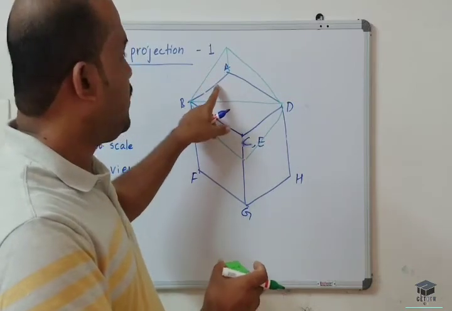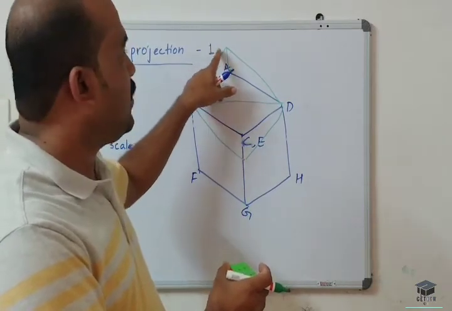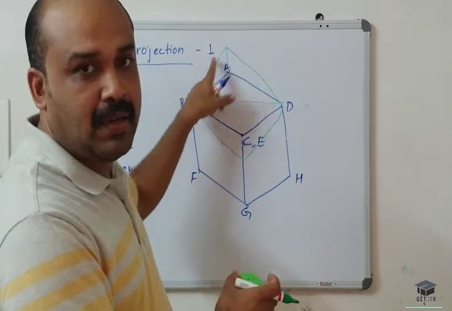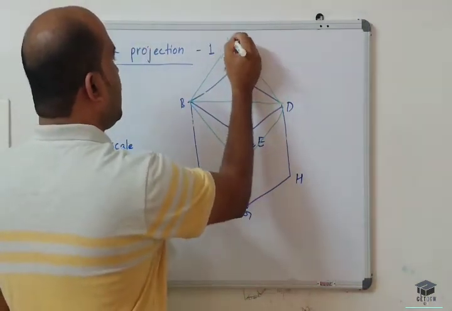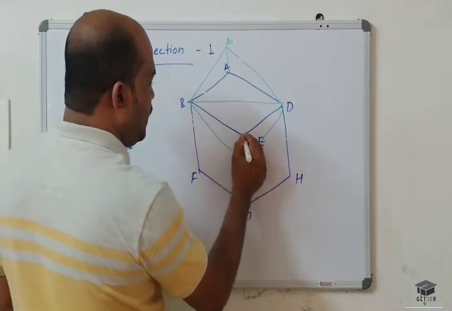So this is the isometric projection corresponding to the given green lines. Now this A is A1 and C is C1.